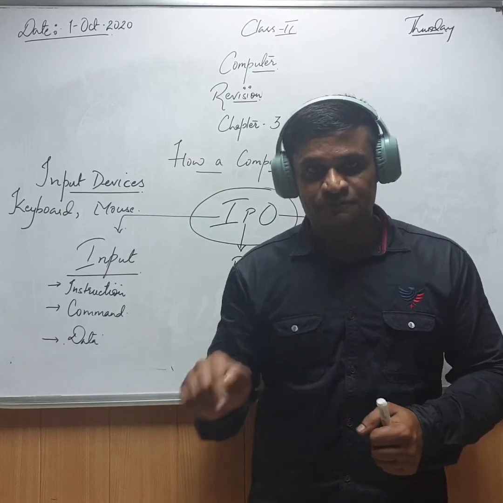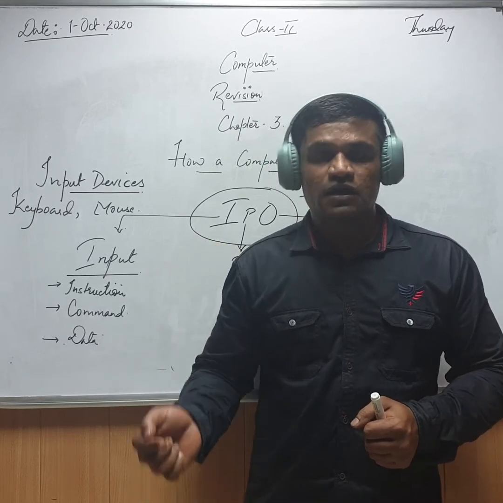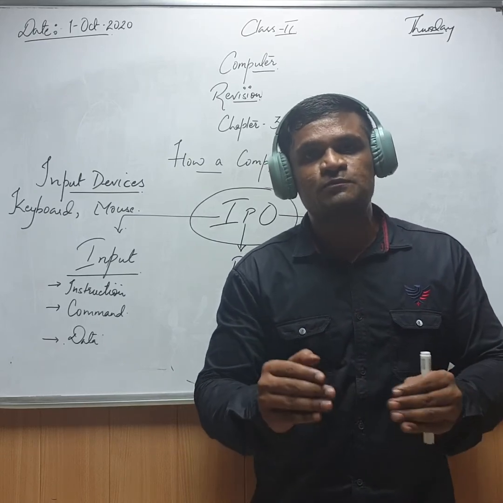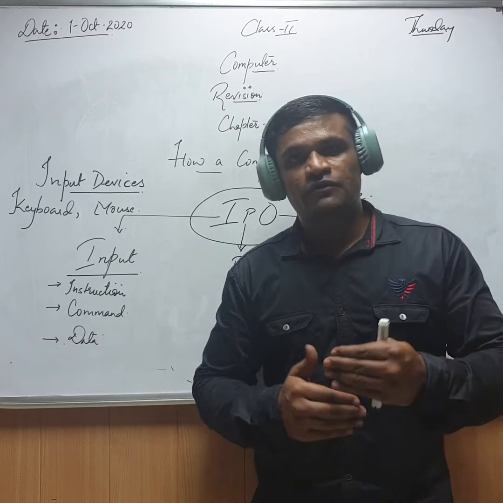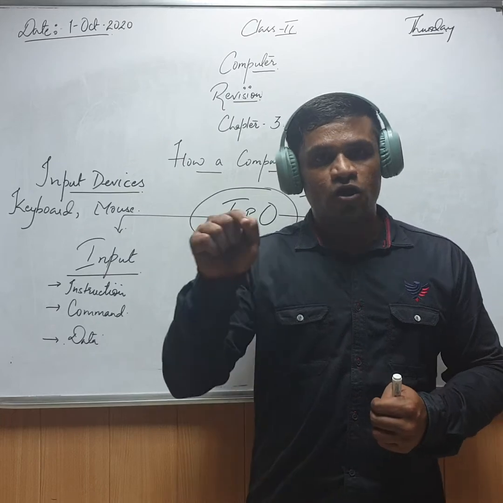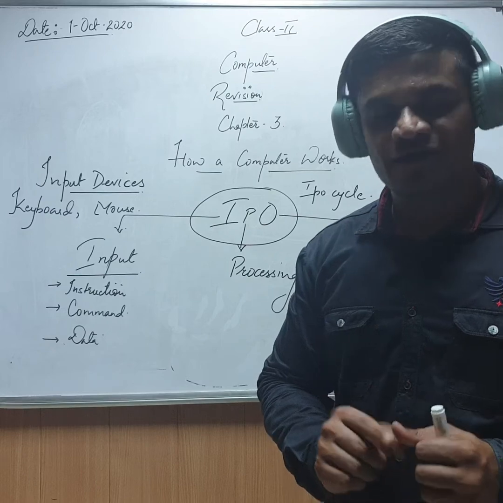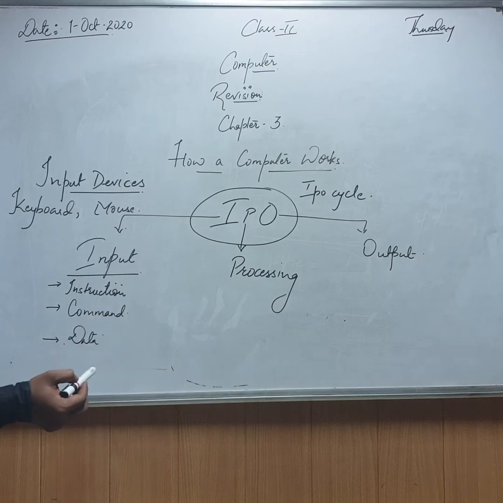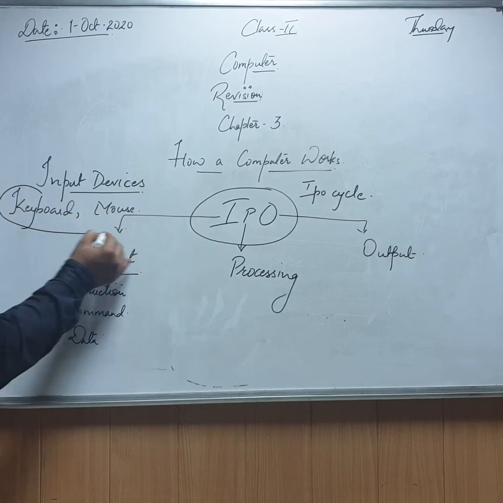You type a number, then give a plus or subtraction button, then another number. Once the required input is provided to the calculator, on pressing the equals sign, it provides you an output. Am I wrong or right? I'm right. Similarly, you provide certain instructions, commands, or data to the computer by using the keyboard or mouse.